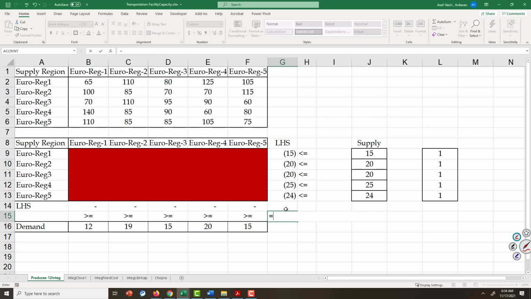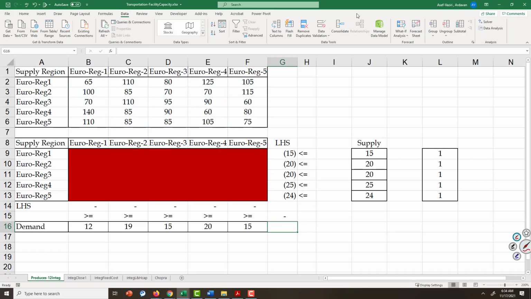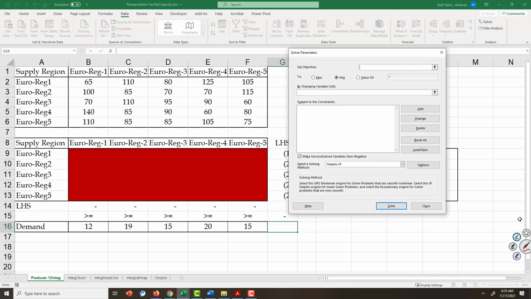And here I have equal to a sumproduct of these numbers multiplied by these numbers. So I go ahead, data, solver.